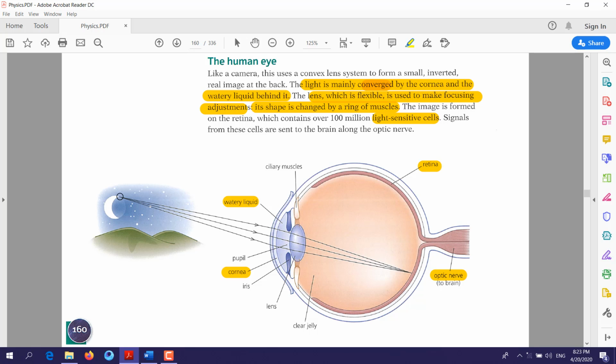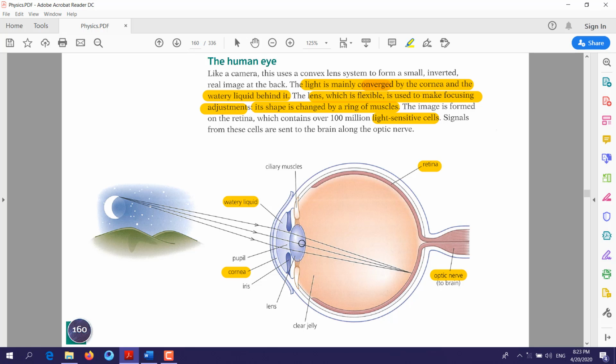Again, any object will send light. This light passes firstly through the cornea and watery liquid. The cornea and watery liquid will converge, or make the rays meet at a specific point. Then it will pass through the lens.